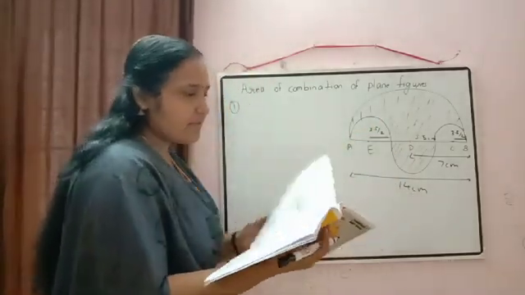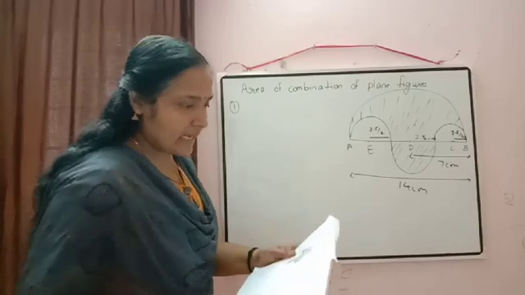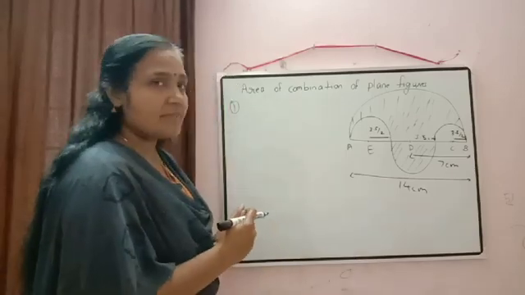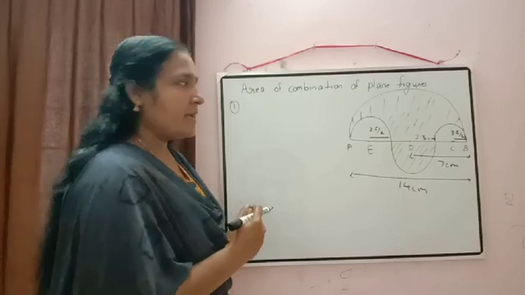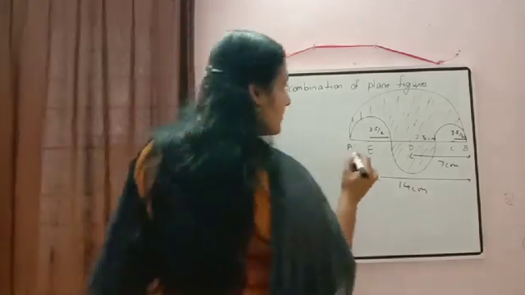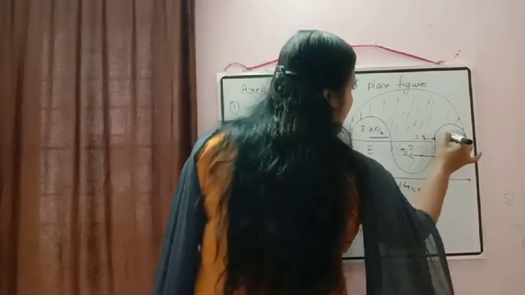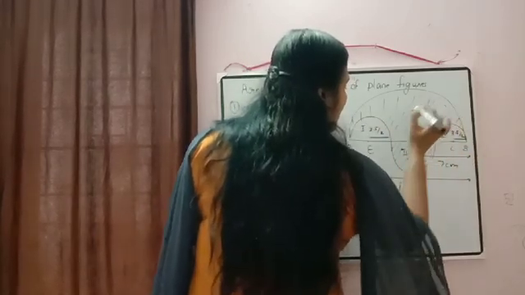Now the first question is find the length of the boundary. Length of the boundary means length of the boundary of the shaded region. So we can give some names: suppose this is the first region, second one, third region, and this is the fourth region.